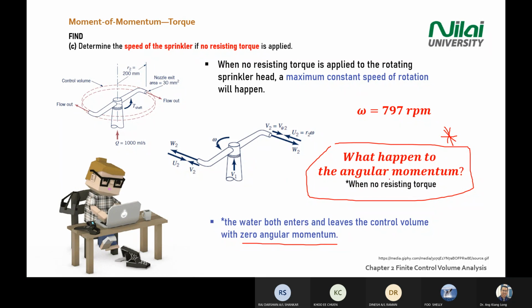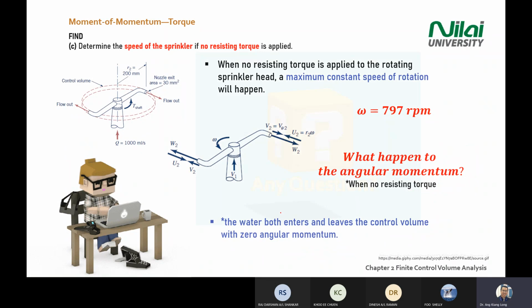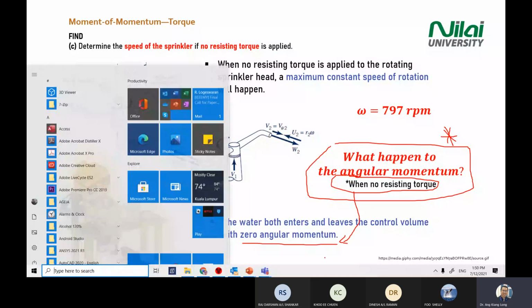When there's no resisting torque, it means it's free flow. There's no friction, there's nothing. So when there's no friction, then it's free to move. Another word is that you're having a 0 angular momentum. Okay, with this I end the recording.